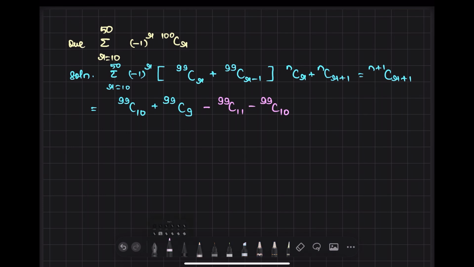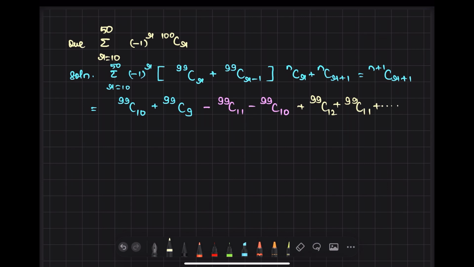Correct? Now the next value will be 12, so minus 1 power 12 will become positive, so 99 C12 plus 99 C11. Correct?